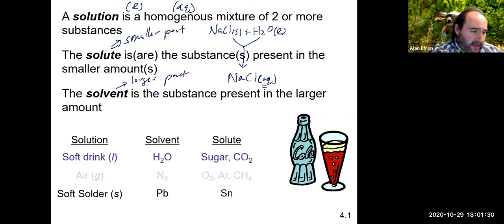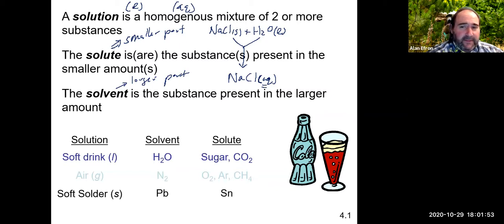So if you see something with the L symbol, it basically means that it's just one substance by itself, nothing else mixed in there. If you see something with the AQ symbol, that usually means, for the most part, that it's two things together, and usually we have that smaller guy and that larger guy mixed together.